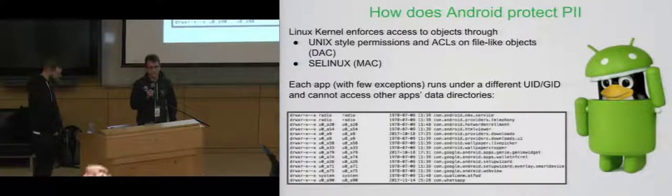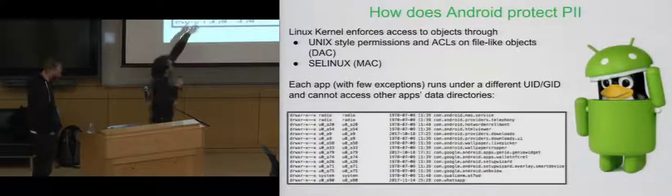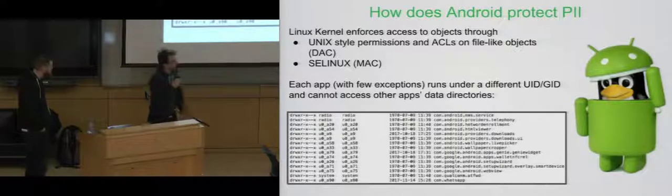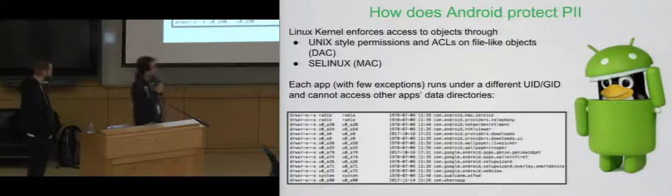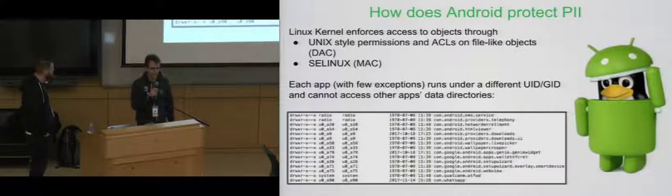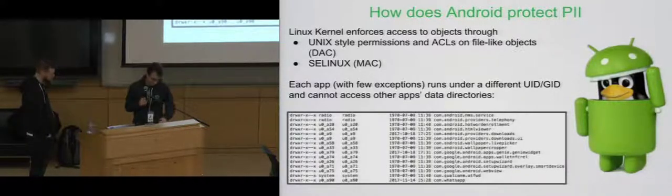UIDs are usually associated with a user on a Linux system. On Android, they are associated with an app. As you can see here, every app on the device, I hope this is readable, has its own private directory that is under its own UID, and other apps can't read what's in there by default.